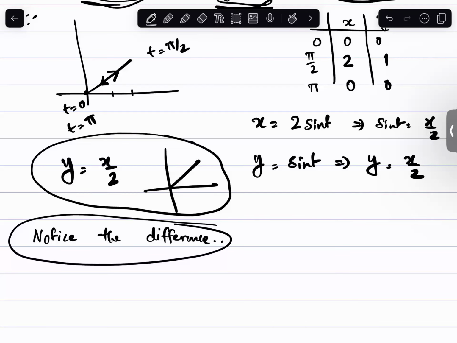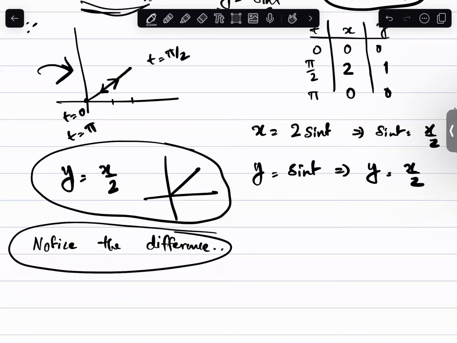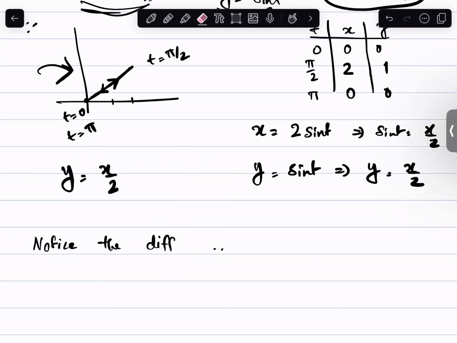But if we use the parametric equation, then we have an idea that the particle moves in a different way. For this time interval, the particle is going up, and for the other interval, it's going down. Okay, I hope things are a little bit clearer to you.